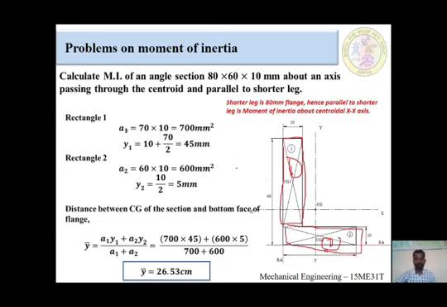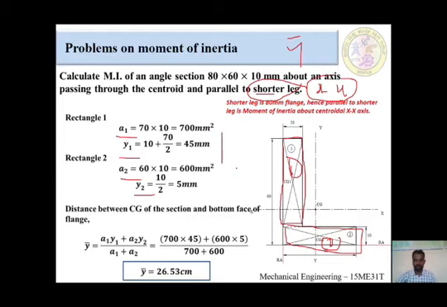After that, how to calculate A1 Y1, A2 Y2. Shorter leg means we have to calculate about which axis? X axis only. For the x axis we have to calculate y bar. For that reason, we have to calculate A1 Y1, A2 Y2.